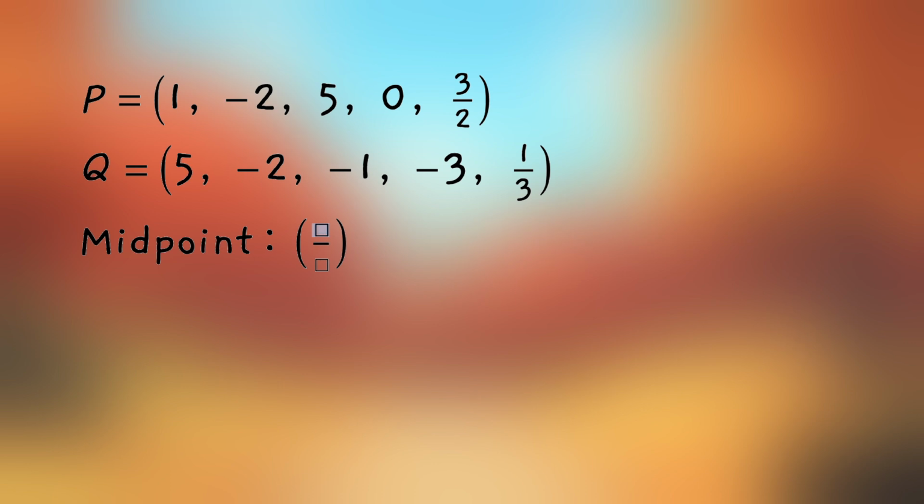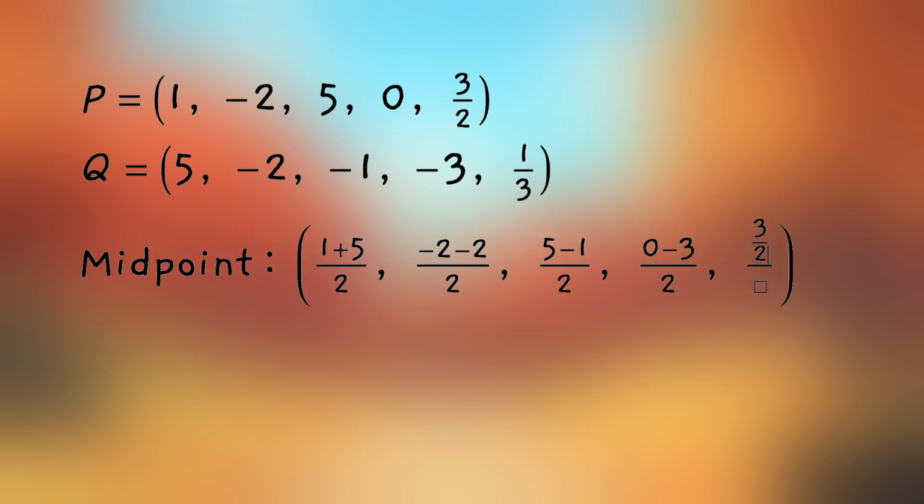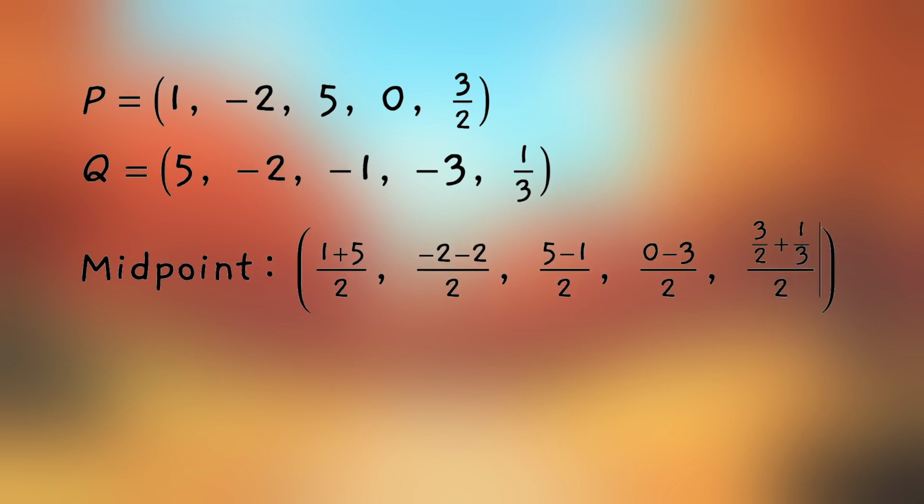It's your choice. So we have 1 plus 5 over 2, -2 minus 2 over 2, 5 minus 1 over 2, 0 minus 3 over 2, and 3/2 plus 1/3 over 2.